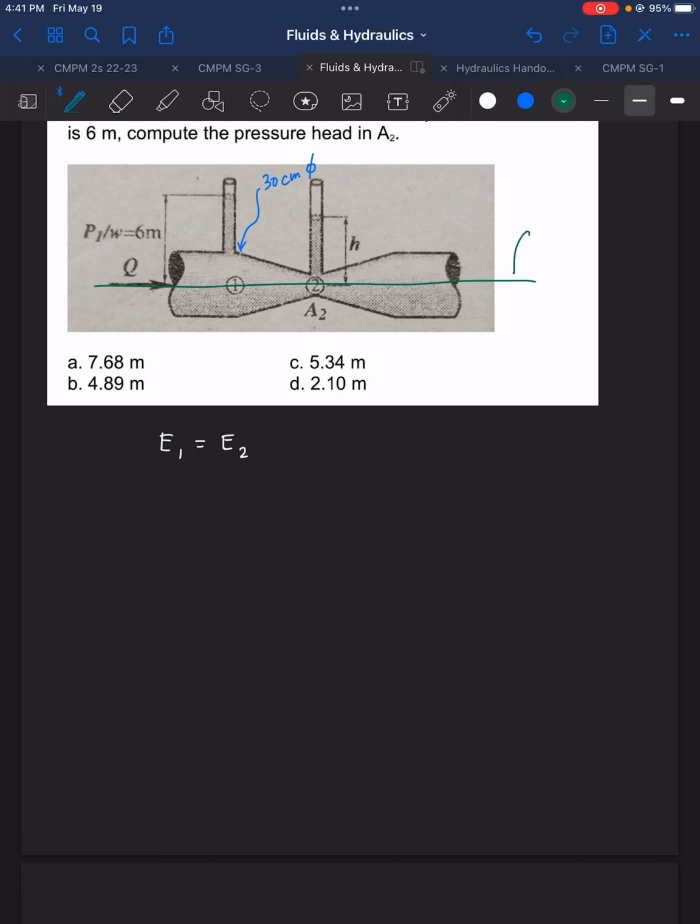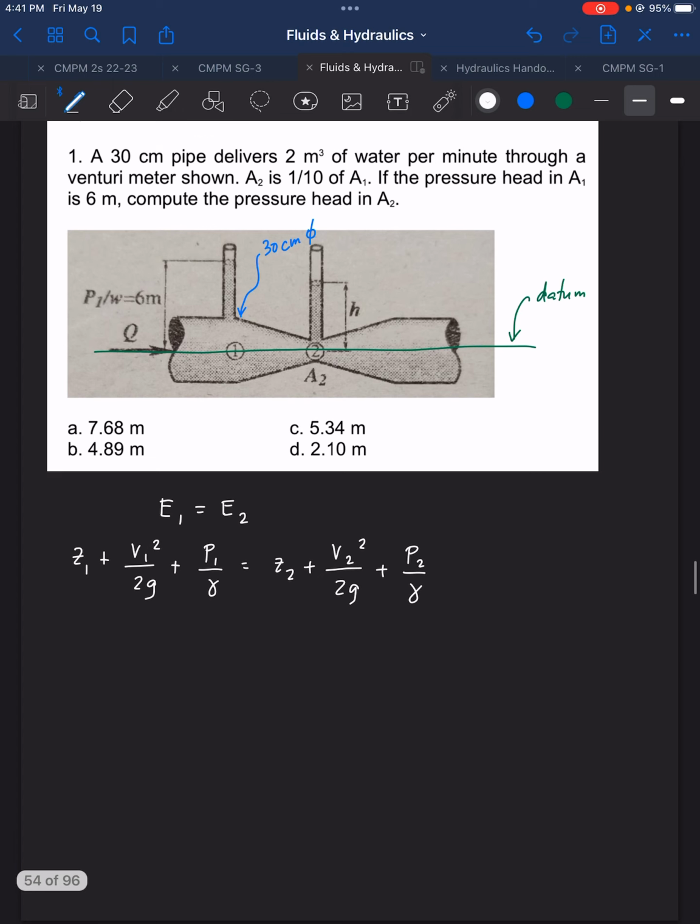If that is our datum line, we have the elevation head plus the velocity head plus the pressure head.